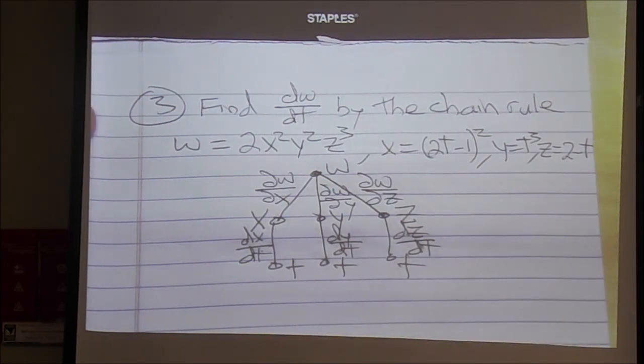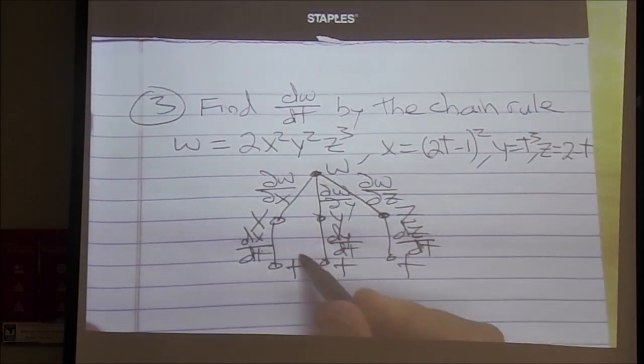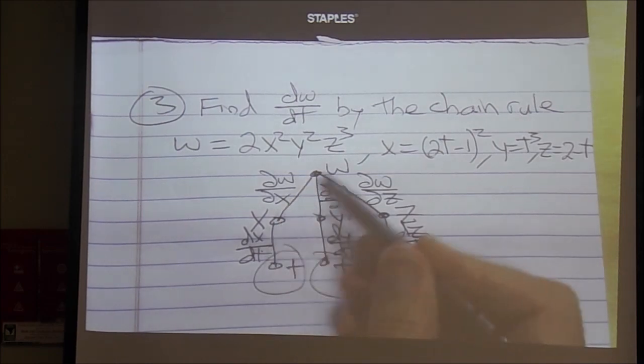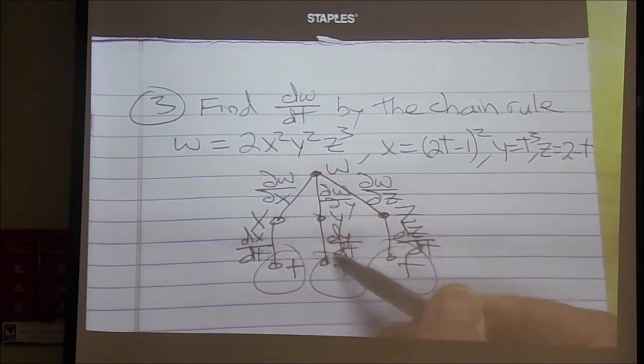And now the chain rule says if I want to take the derivative of w, the top variable, with respect to t, the bottom variable, I take all paths down to t, and in this case all 3 paths go to t, and I multiply the derivatives, partial and ordinary, along each path, and add the paths together.